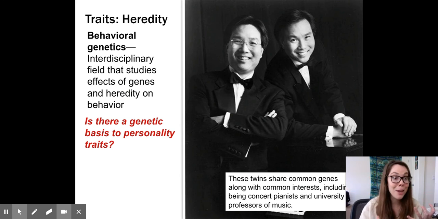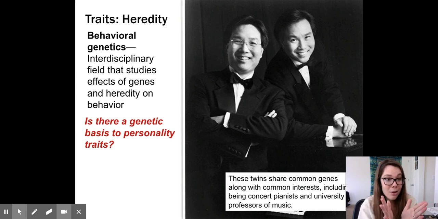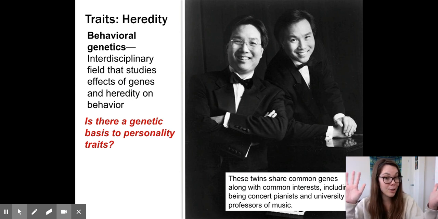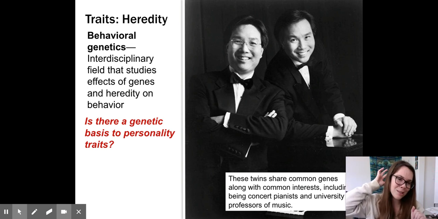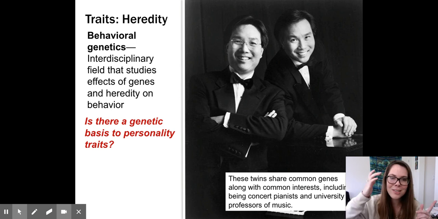But again, we have to think of behavior genetics, the field that studies the effects of genes and how nature and nurture work. They were nurtured in the same environment, but then after they both went to Diablo Valley College for sports, water polo, they branched off, and that's where the differences started to form. These twins share common genes along with common interests, including the fact that they're both awesome concert pianists and professors of music. Twins are so interesting.